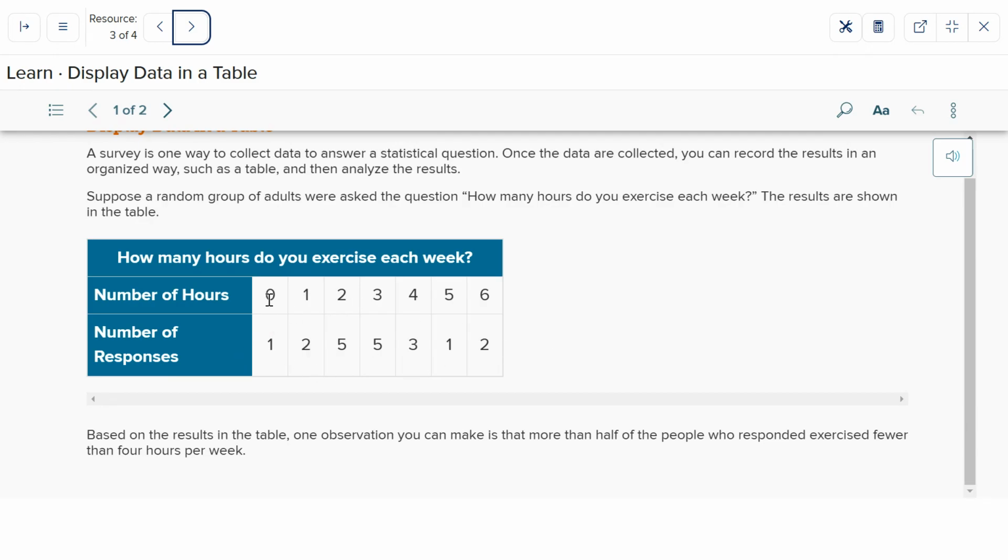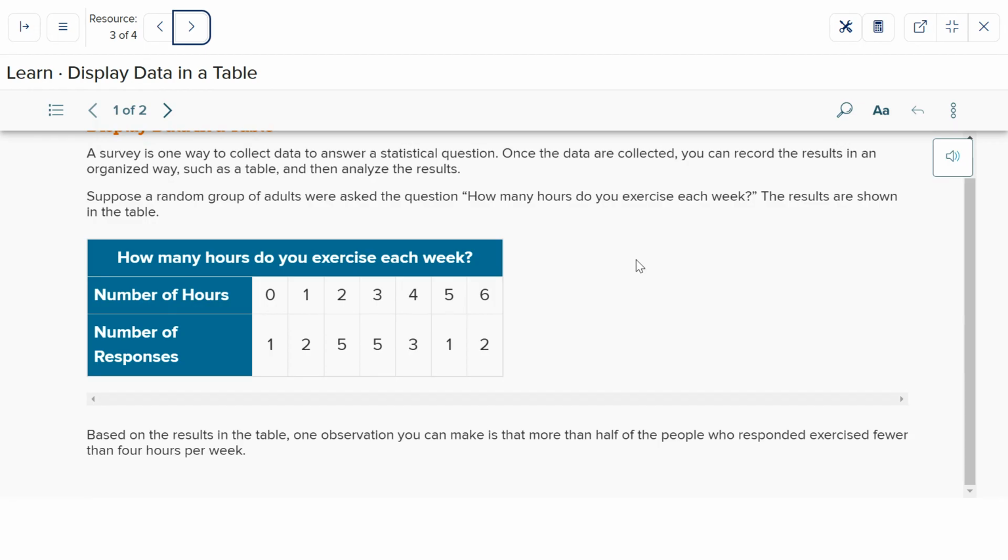So one person says they don't exercise at all. 2 people said they exercise 1 hour a week. 5 people said they exercise 2 hours a week. 5 people said they exercise 3 hours a week, and so on. So based on the results in the table, one observation you could make is that more than half of the people who responded exercised fewer than 4 hours per week. So like all these big numbers, 5s down here are underneath 4.